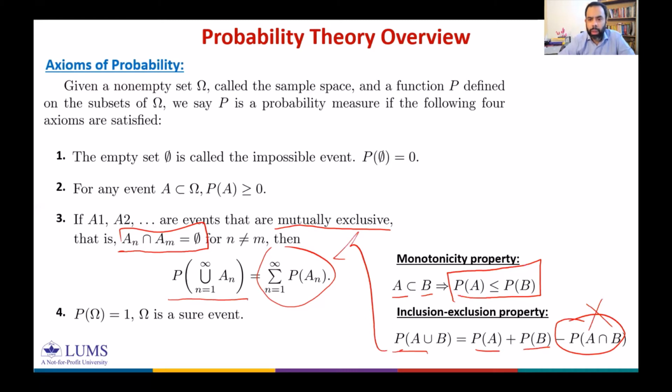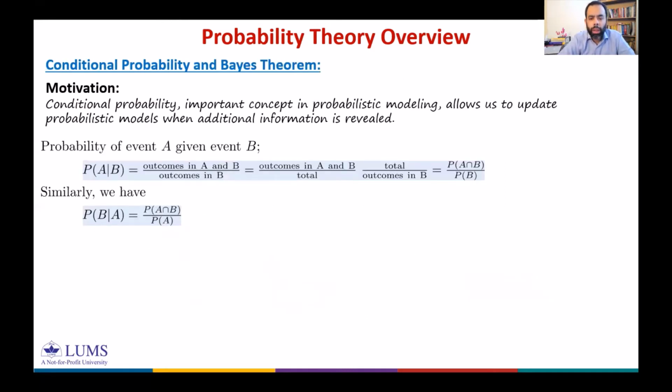Okay, moving forward, we talk about the concept of conditional probability and Bayes theorem. We will use conditional probability in machine learning in the next topic, on Bayesian learning, very frequently. So this is an important concept, and it allows us to update probabilistic models when additional information is revealed.